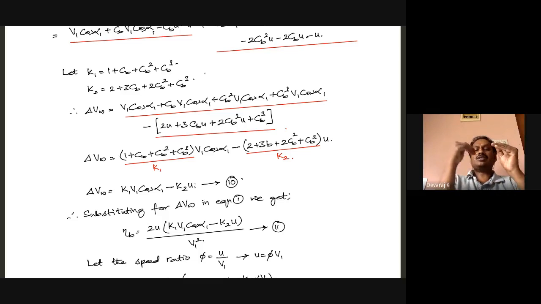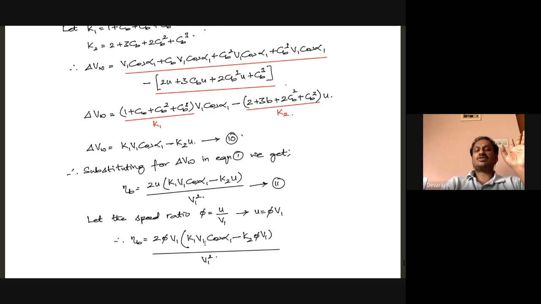Okay. Now let us substitute this delta VW in my blade efficiency equation, which already we have defined. What is it actually? 2U into (delta VW of 1 plus delta VW of 2), the whole thing divided by V1 square. Now, if I substitute for delta VW1 plus delta VW2, that is (K1 V1 cos alpha 1 minus K2 U) into 2U divided by V1 square.